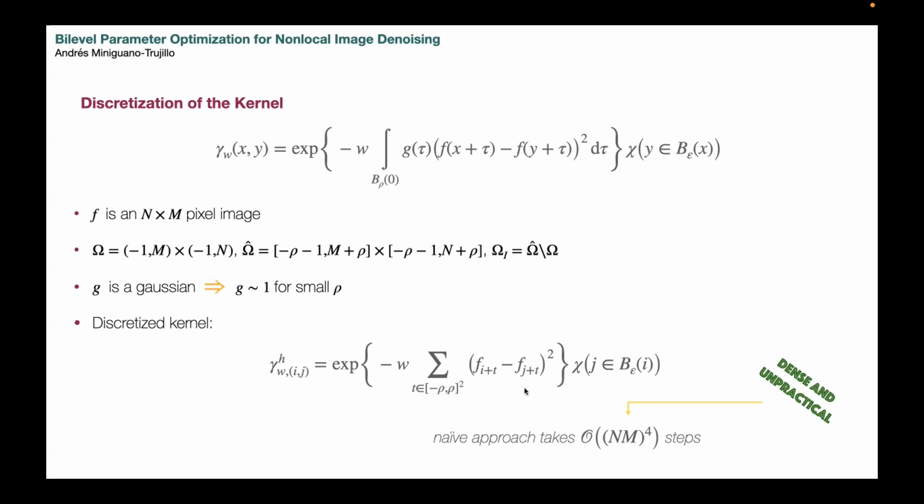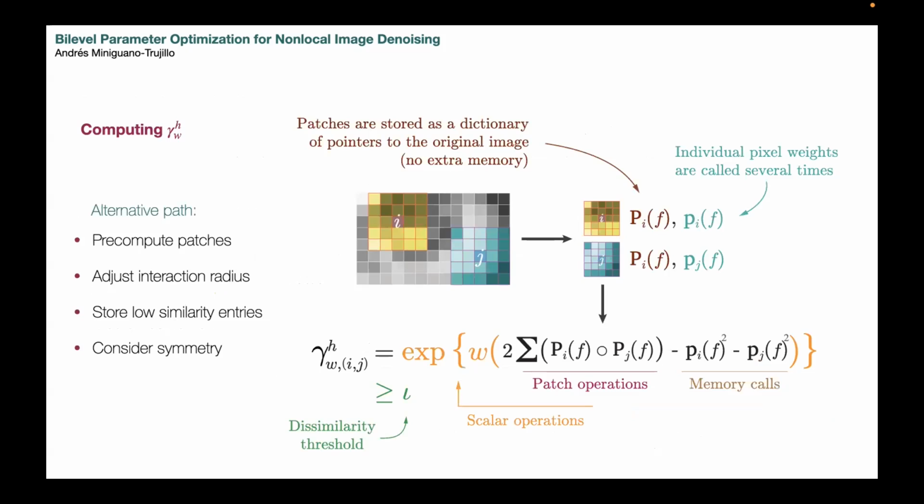But if we do it naively, it will require a lot of computational power and memory. Usually, for a small image of 256 squared pixels, it would take around 48 hours just to compute the matrix. So we have to find another way to do it. An alternative is to consider some additional expansions of this exponential term.